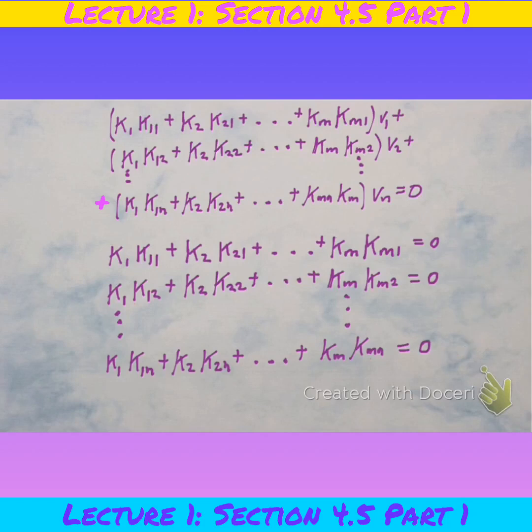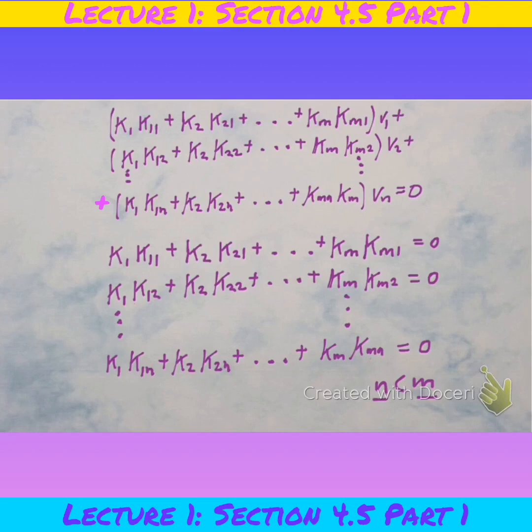We assumed that m is strictly bigger than n. So we've got a set of equations with m unknowns and n equations. It's a homogeneous linear system with more unknowns than equations.